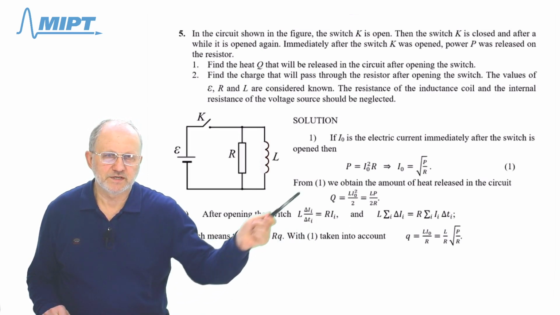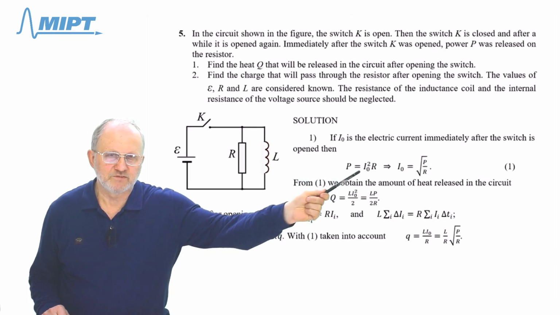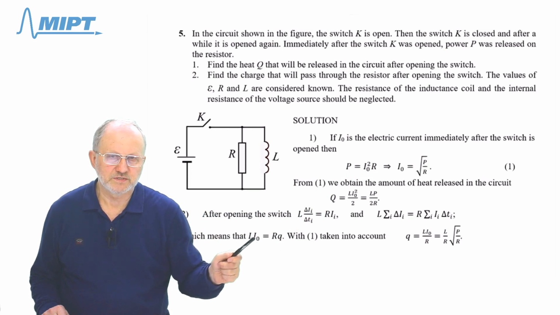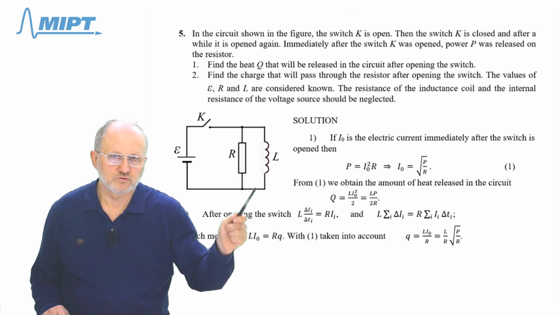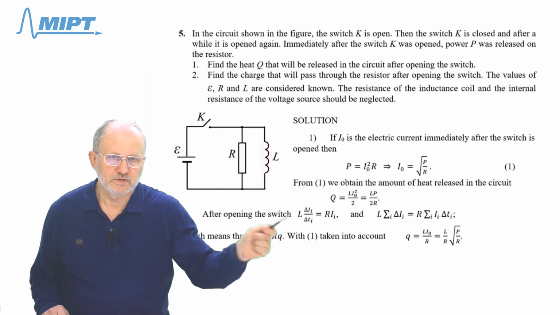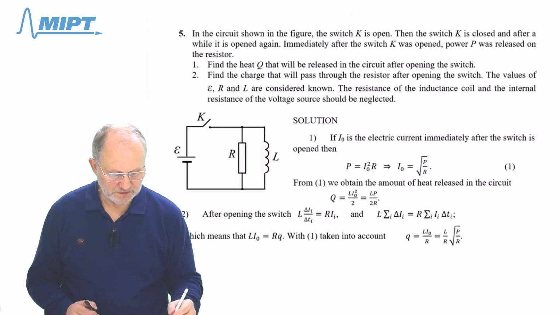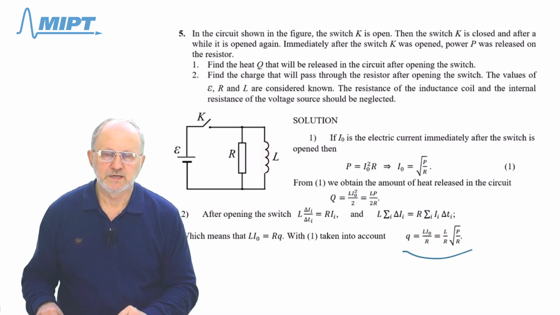So if we take into account this equation, where we find the initial current I0, from this equation we can obtain the total charge Q, which flows through the resistance R. So the simple answer is this one, the final answer to this problem.